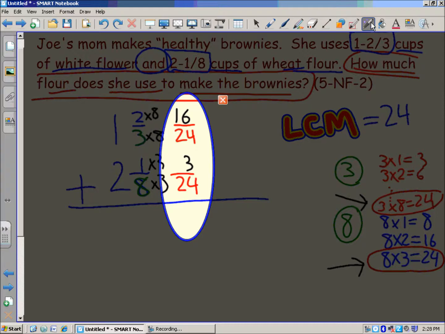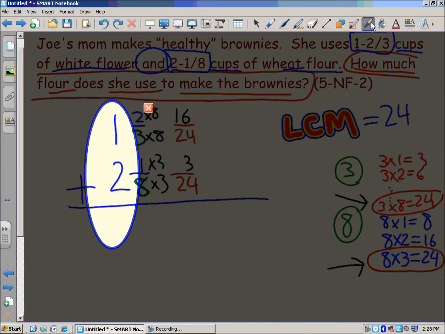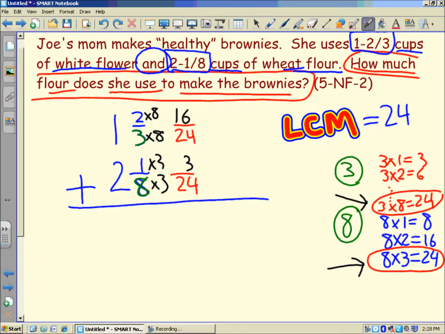16/24 plus 3/24. And we could add that up, and don't forget to add the whole number part too. So you have to add 1 plus 2. Let's do that now. All right, 16/24 plus 3/24 equals 19/24, because 16 plus 3 is 19, and our denominator stays the same now. And we're going to add up 1 plus 2, and that would be 3.